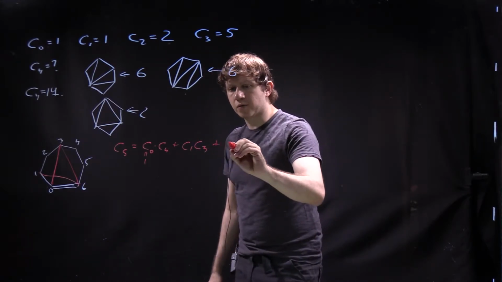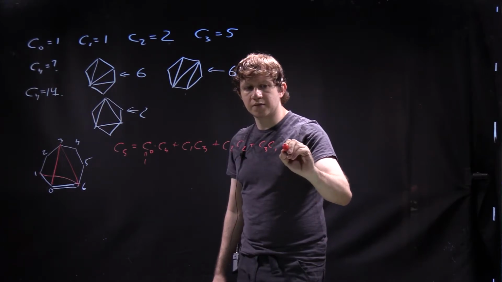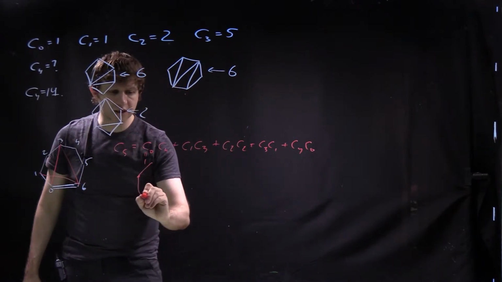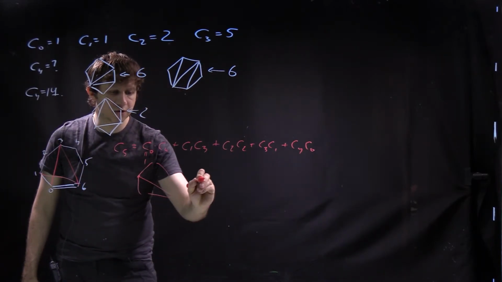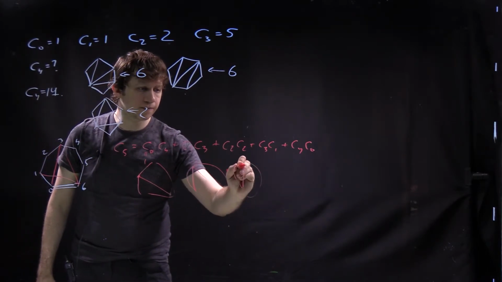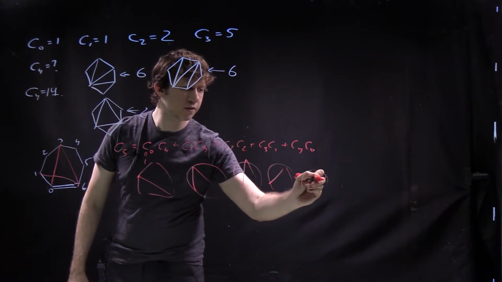And we continue, so we have C2, C2, C3, C1, C4, C0. And each of them corresponds to one of the pictures, so that's basically this picture, this picture, this picture, this picture, and this picture.